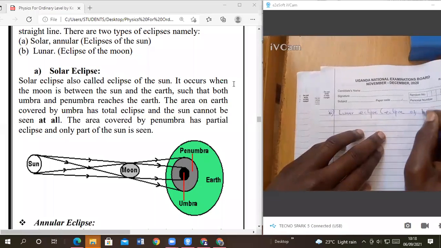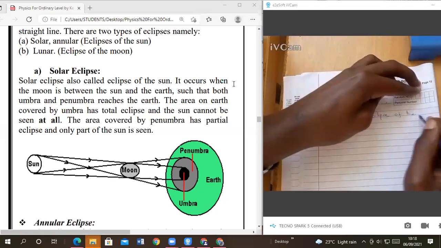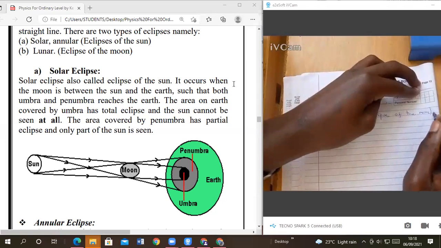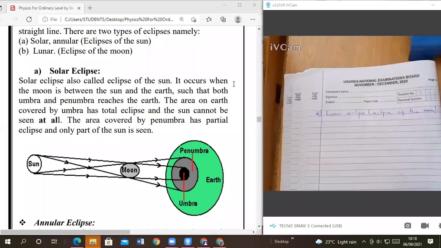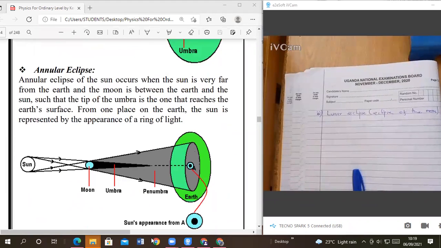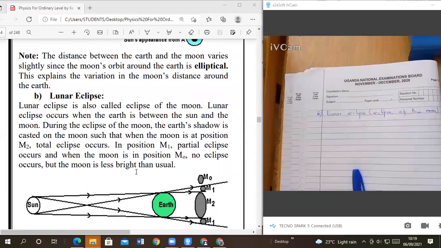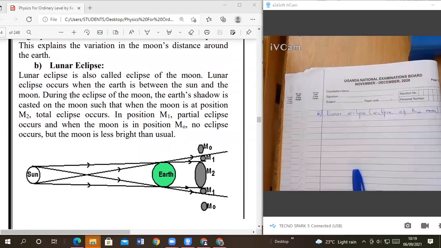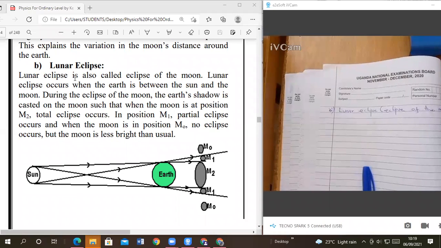Let's look at that. So you can see from our notes there, this does an illusion, but it should not be like that. Okay? So we have the lunar eclipse, which is also called the eclipse of the moon.